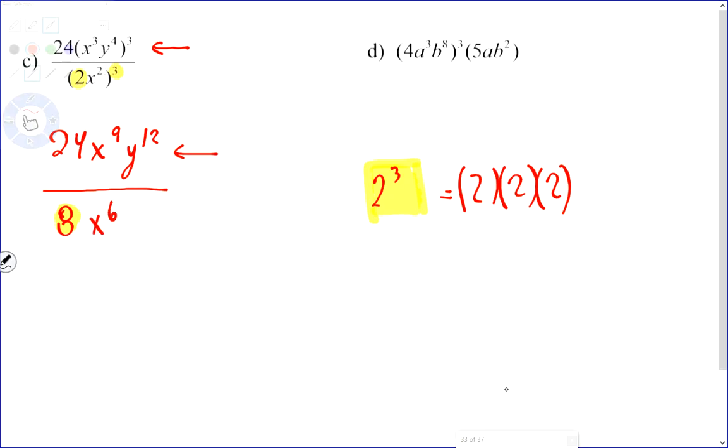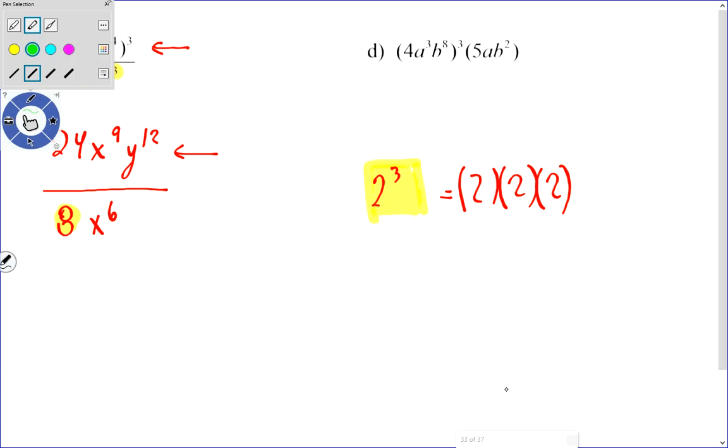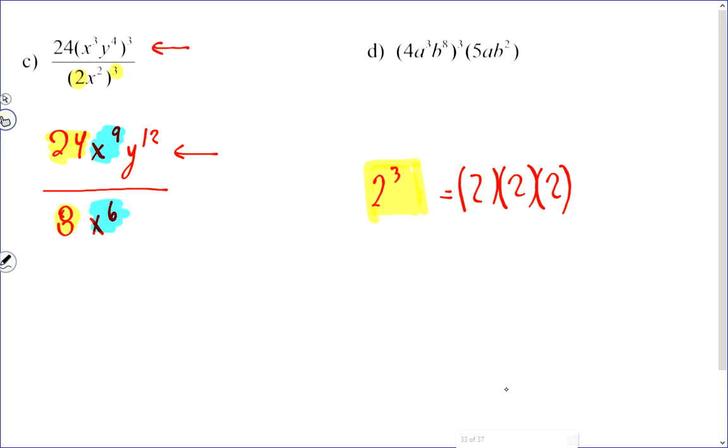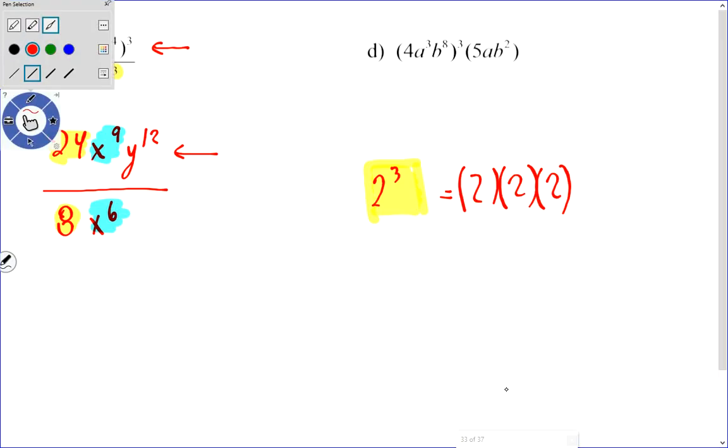And now I can focus my attention on the fact that I have some x's here, some x's here. I also have coefficients here and here. I can divide the coefficients. 24 over 8 is 3.